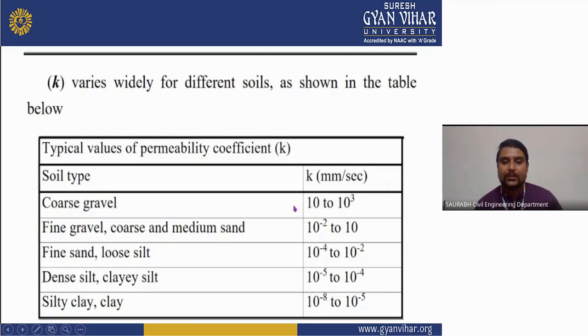In coarse gravel it is 10 to the power 3, in coarse and medium sand it is 10 to the power minus 2 to 10, in fine sand or loose silt it is 10 to the power minus 4 to 10 to the power minus 2, in dense silt and clay silt it is 10 to the power minus 5 to 10 to the power minus 4, and in silty clay or clay it is 10 to the power minus 8 to 10 to the power minus 5.